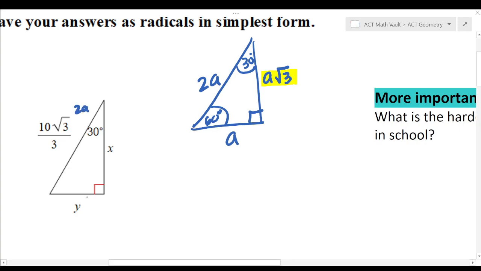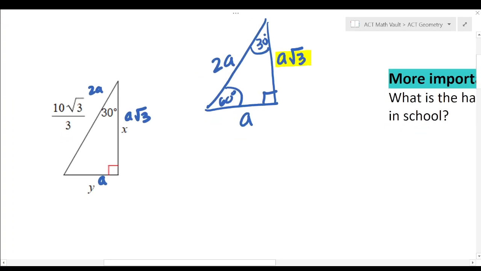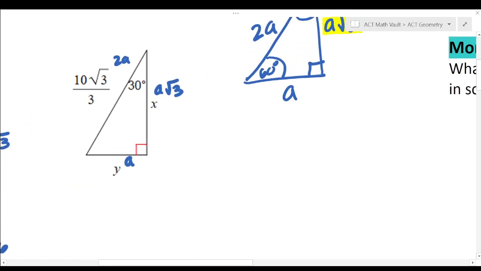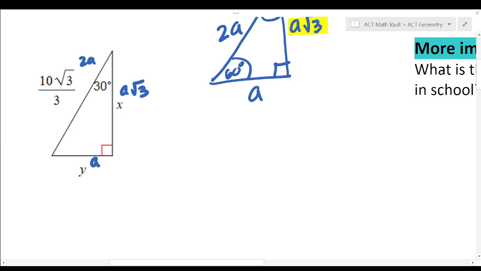This is 2A, this is A, and this is A√3. Notice I'm using A as my variable instead of an X, just so it's not complicated with the X in this problem. Okay, so the only thing I know is that 10√3/3 has to equal 2A somehow.